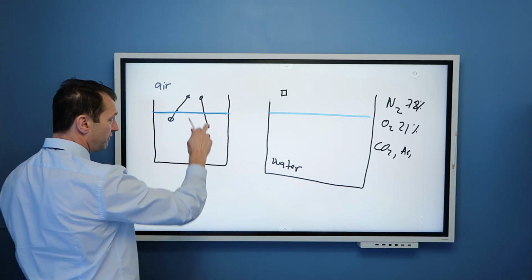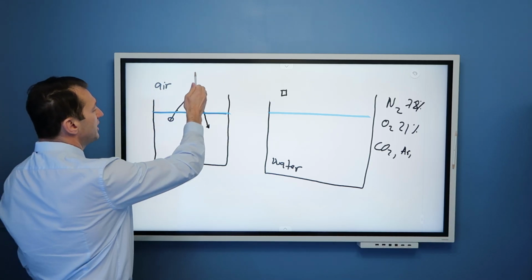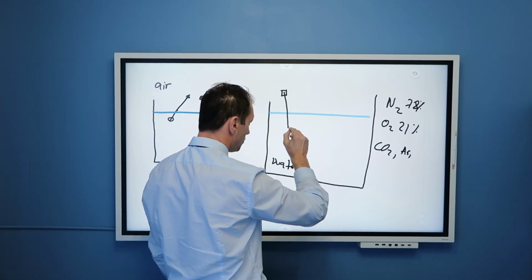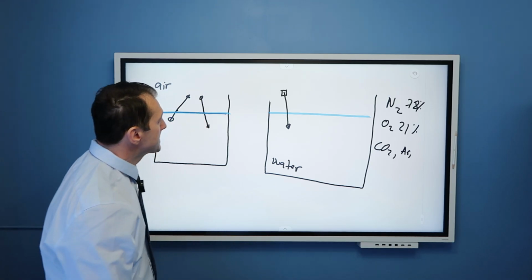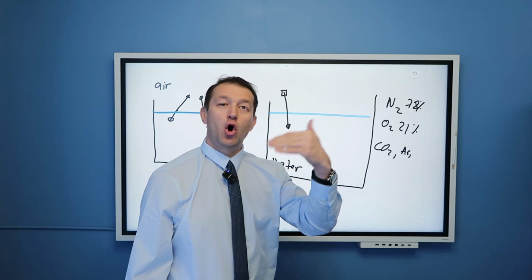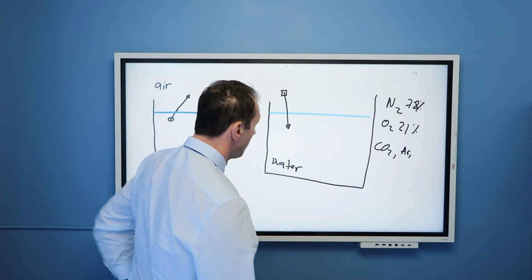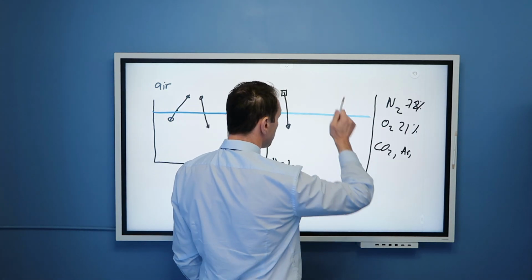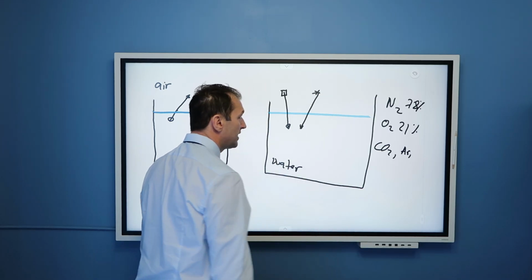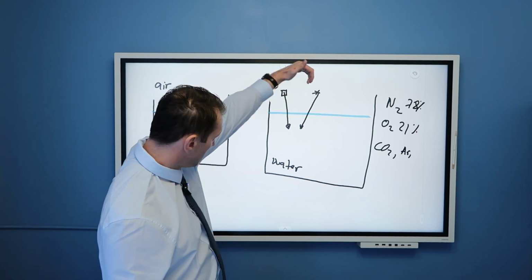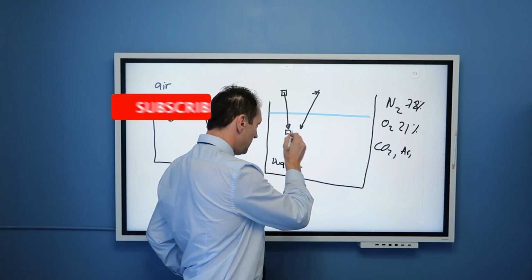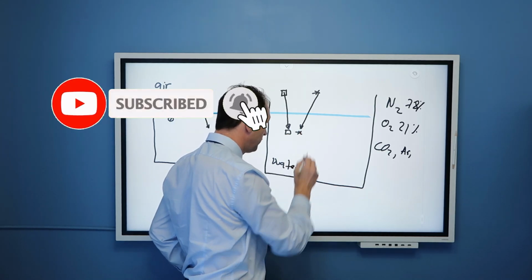Just like this water vapor randomly entered liquid water, this nitrogen can also enter liquid water. If this nitrogen enters liquid water, we say that this nitrogen is dissolved in water. Similarly, this oxygen, let's indicate it with an asterisk, can enter water if this molecule has enough energy and it is moving towards the water.